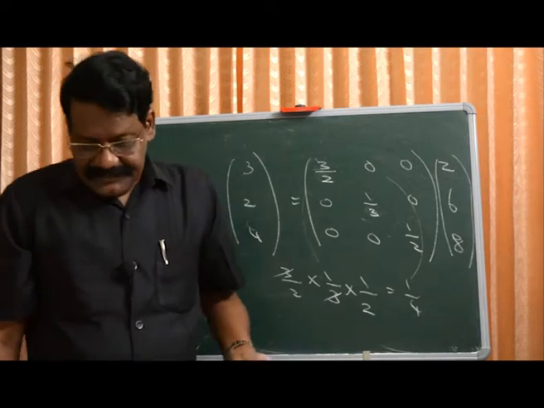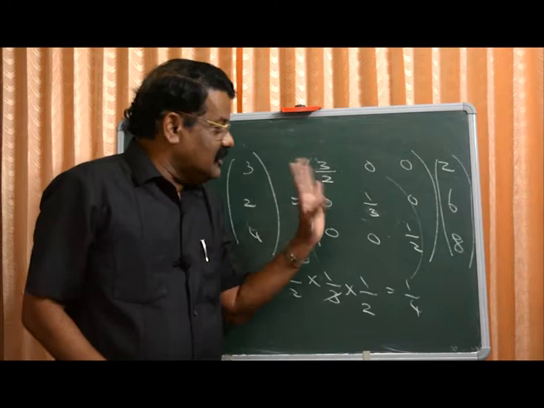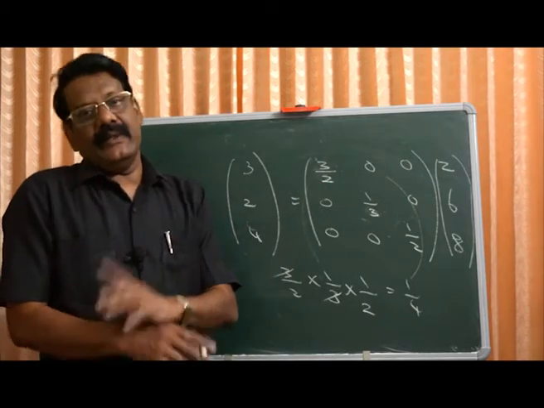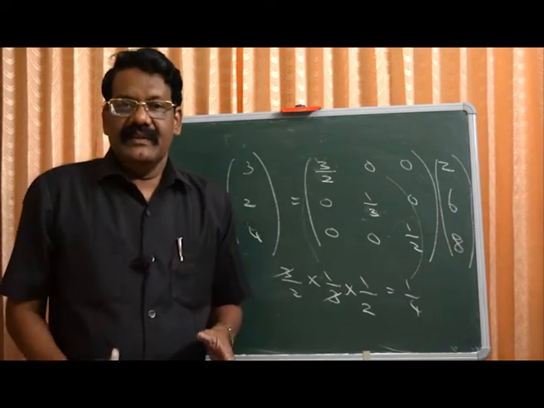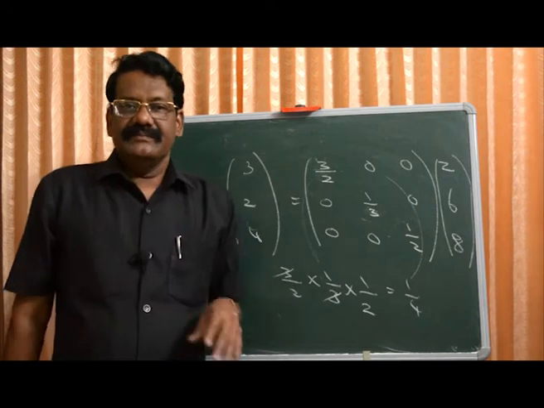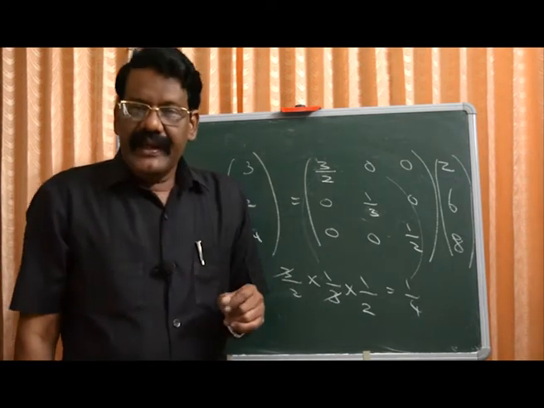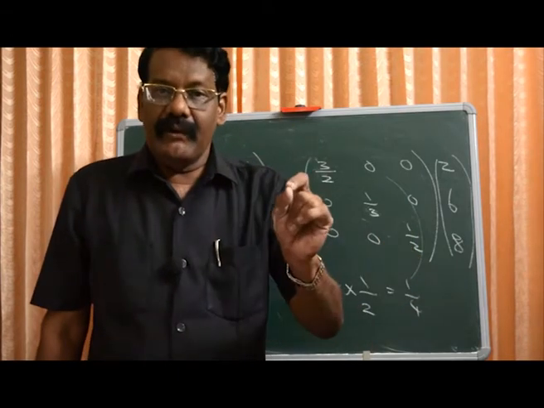Sometimes you may ask where this will be useful. I already told you, when we are dealing with an anisotropic system, this is highly necessary. Another example. Suppose an electron is moving through a sodium chloride crystal.